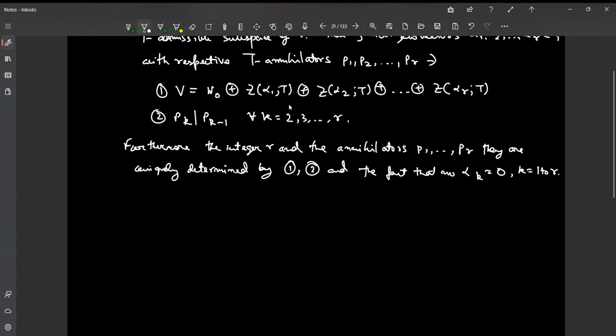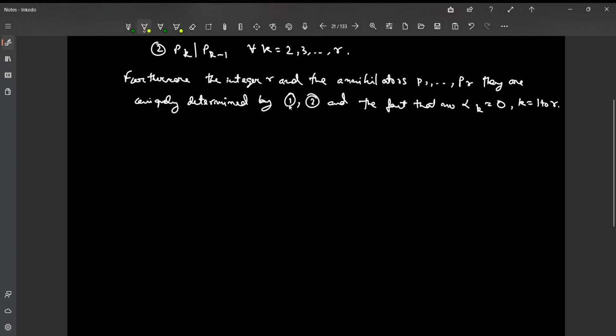So the proof, step 1. What we are going to do in step 1 is show that there exist non-zero vectors beta 1, beta 2 till beta r in V, such that V can be decomposed as in the cyclic decomposition theorem.